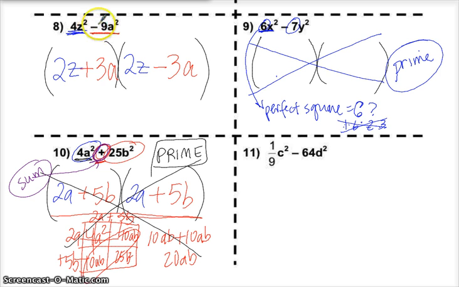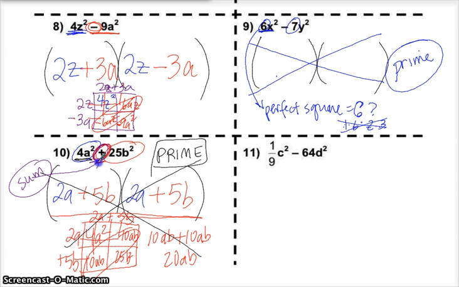The only reason these work out is because in your box, we do 2z plus 3a and 2z minus 3a, we get our 4z squared here, and we get our 9a squared here, but positive 3 times negative 3 is negative 9, and this box, which is 6az, and this box, which is negative 6az, cancel each other out, leaving us with just these two terms, a positive and a negative, which is why they call it the difference of squares.